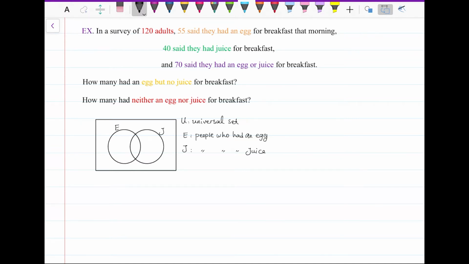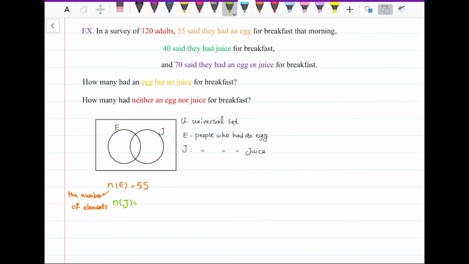Okay, and so what we want is to see how many people we have in each of these sets. So let's see what information we know. N of E, okay, and what is N? N stands for the number of elements in set E, for example. So N of E, the number of people who had egg, is 55.